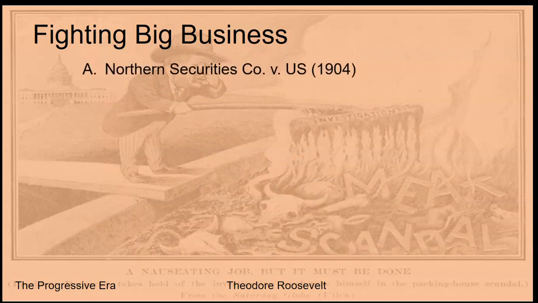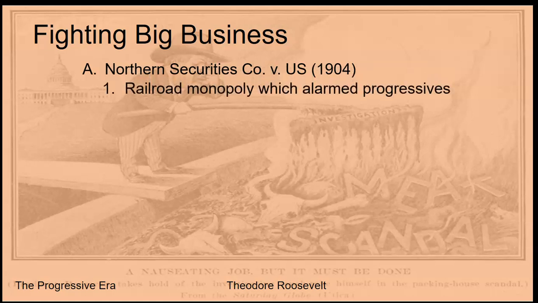Now, if you didn't already figure that out from that, Roosevelt is also against some of the big businesses, and he's going to fight back against those big monopolies that had been created during the Gilded Age. In the early 1900s, there's a company that forms called the Northern Securities Company.